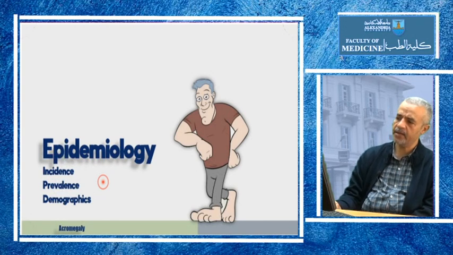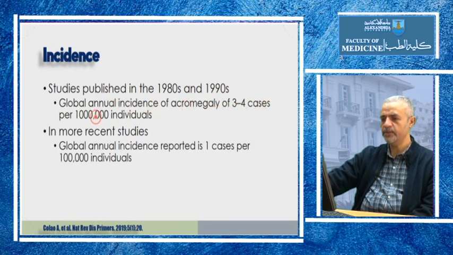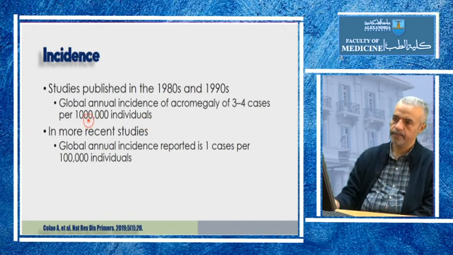How common is acromegaly? For the incidence, in studies published in the 80s and 90s, the annual incidence was about 3 to 4 cases per 1 million individuals per year. In more recent studies, it has risen up to 10 cases per 1 million population per year.